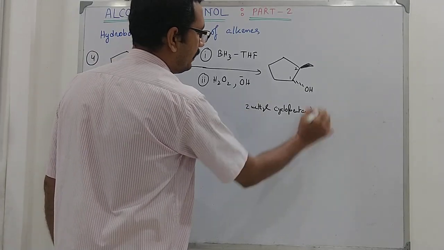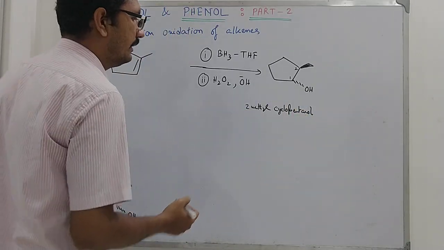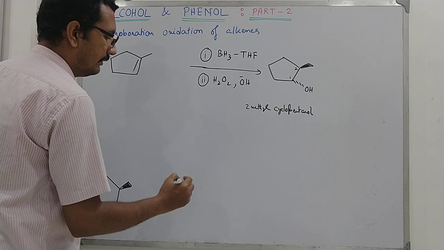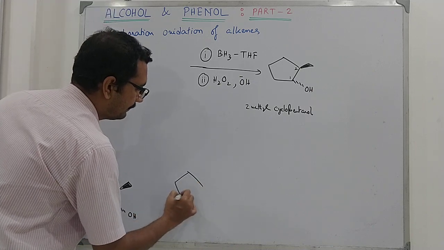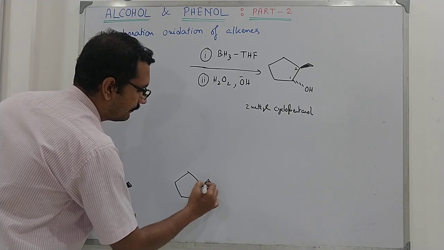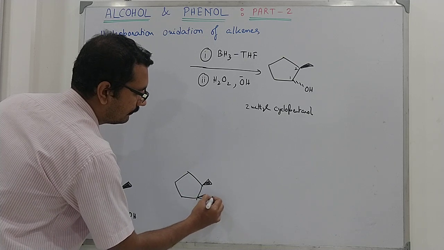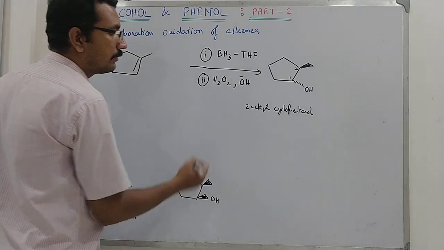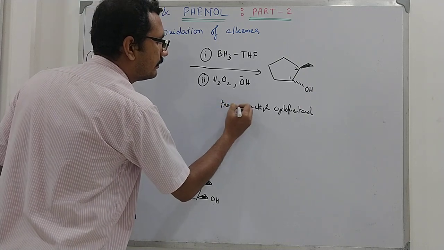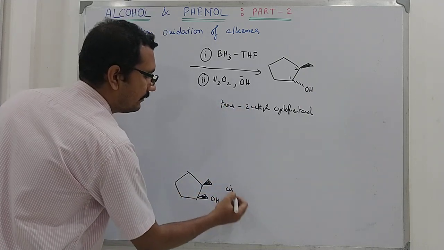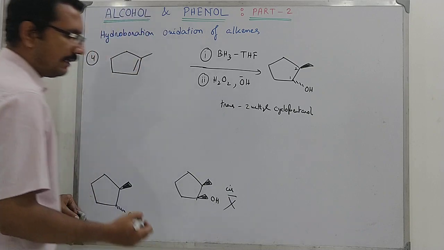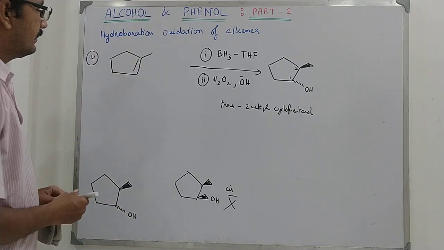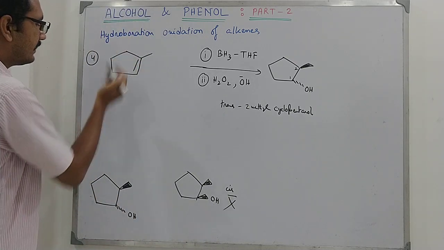Now you see, if we say only 2-methyl cyclopentanol, that may also indicate the structure may be like this one, but these two are different. So this will be trans and this is the cis one, and we don't have the cis product in this mechanism since the addition is from one side.